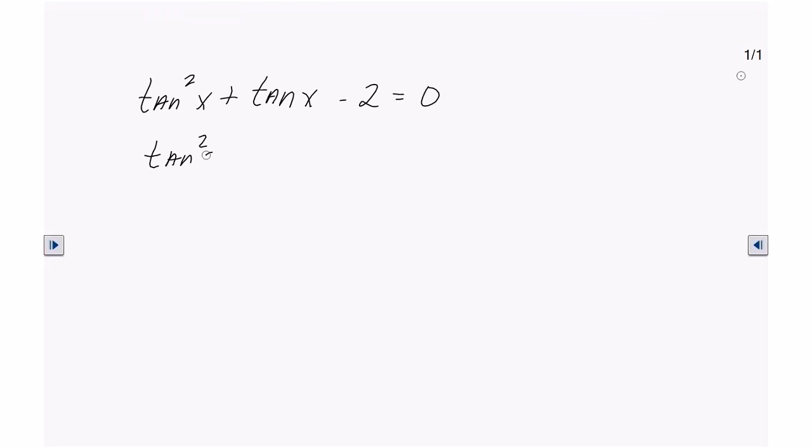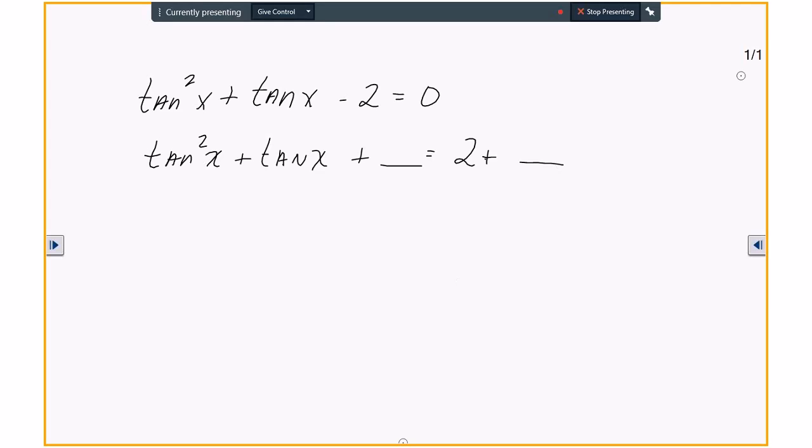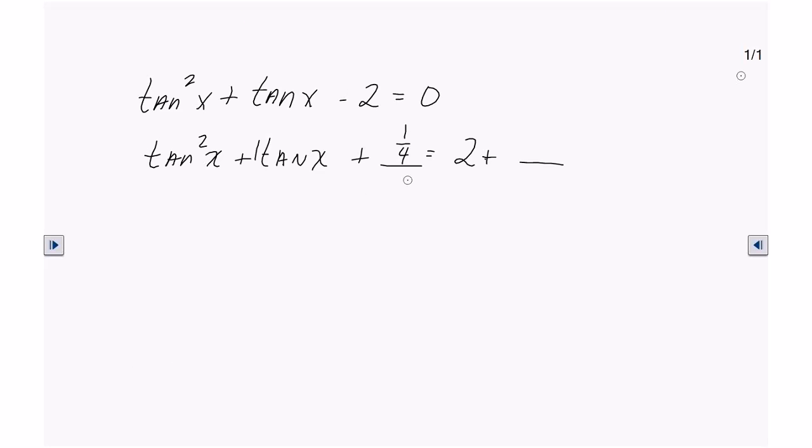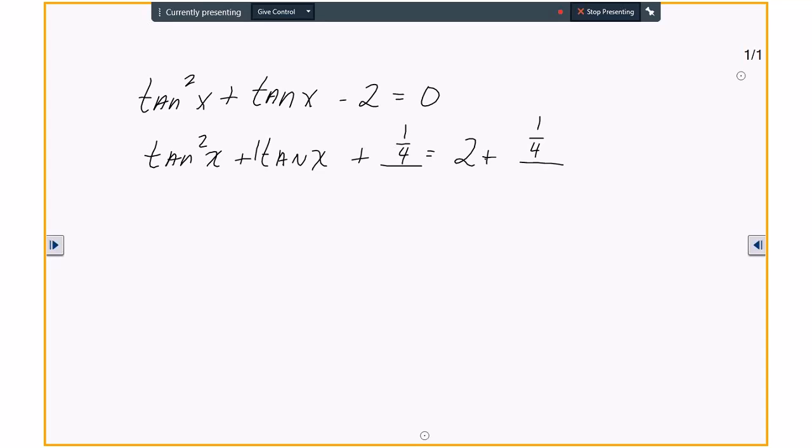Tangent squared x plus tangent of x plus blank is equal to 2 plus blank. What is the coefficient here? The coefficient is 1. 1 over 2 is 1/2. 1/2 squared is what? 1/4. So that's going to give me shortcut number 1 based on that plus there.